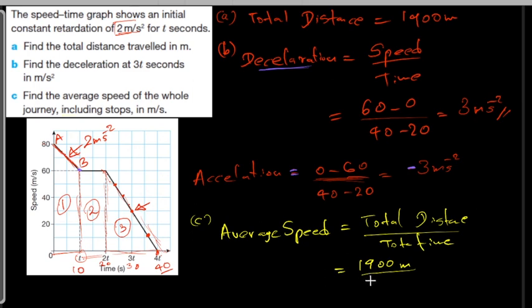So it's going to be divided by 40 here. So what is the answer we are getting? The average speed is going to be 47.5 meters per second.